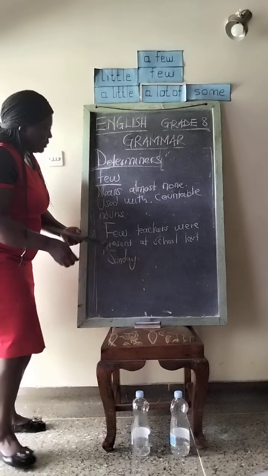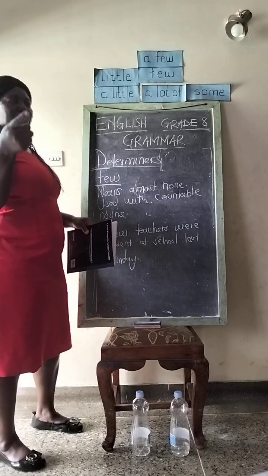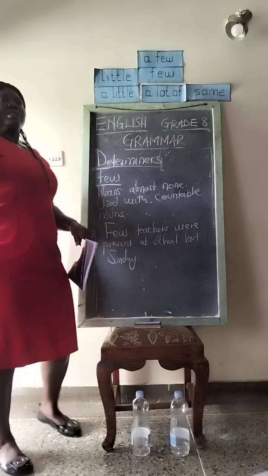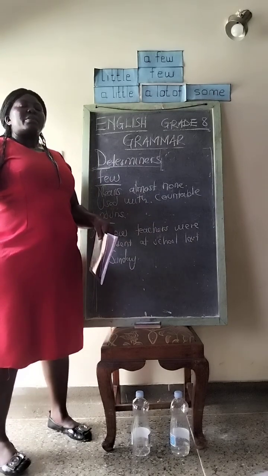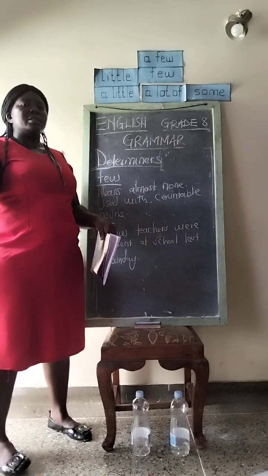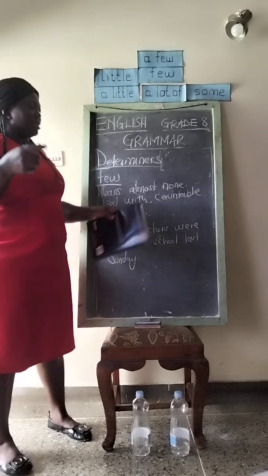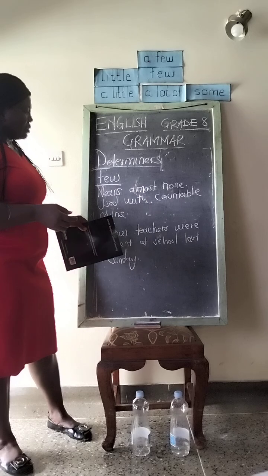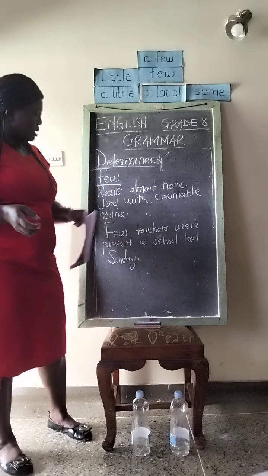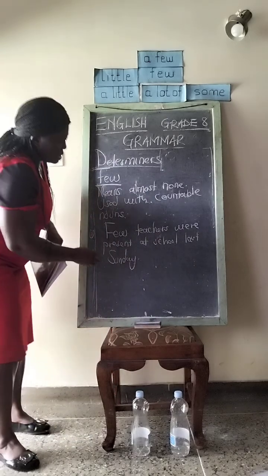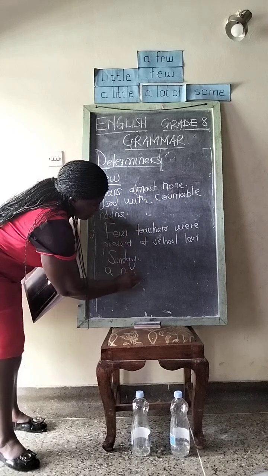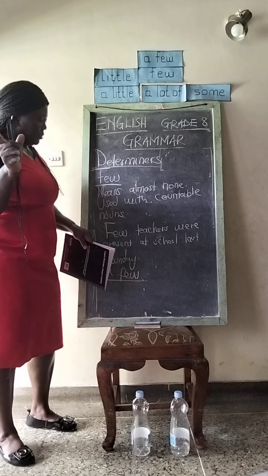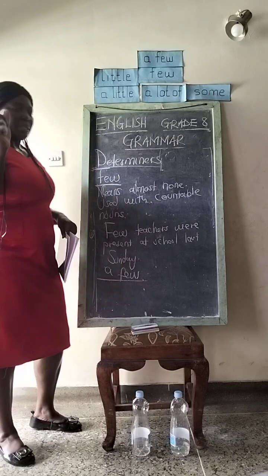You can also give your own sentence using few with a countable noun. For example, in a school like ours where we have 35 teachers, you get to meet only one teacher on that particular day. So you say few teachers were present at school last Sunday. Now before we go to a few, there is something important to note with few.